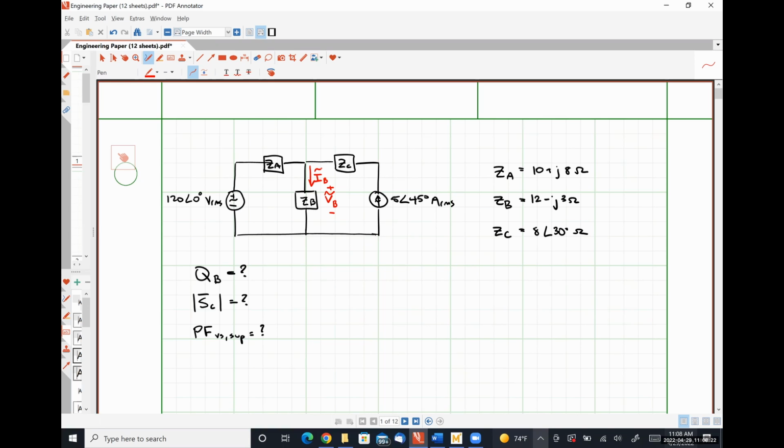VB, okay. I tend to agree with that because I look at this circuit and say, I could effectively apply Kirchhoff's current law at my top node and find VB with a single equation. IB could be done using superposition pretty easily.